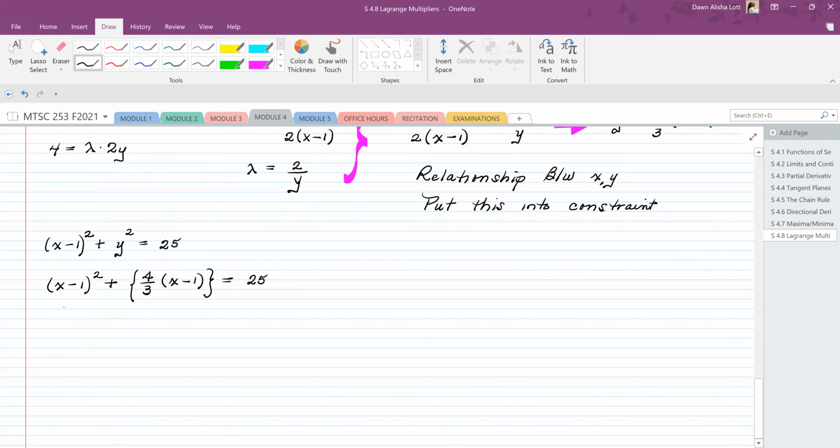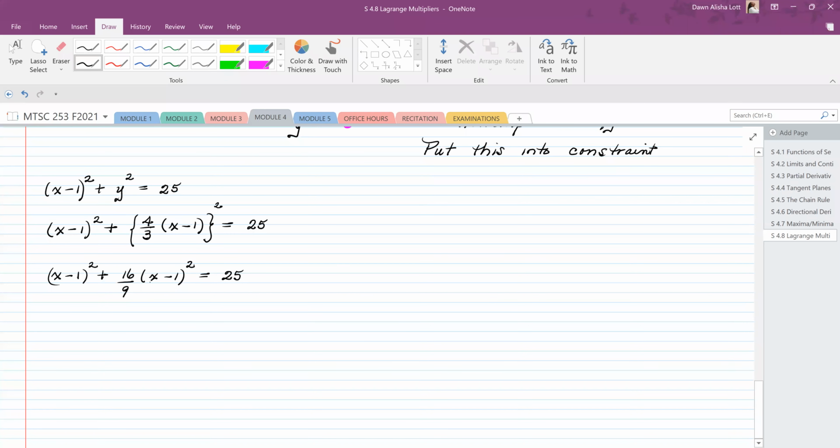So now I get x minus 1 squared plus 16/9 times x minus 1 squared is 25.